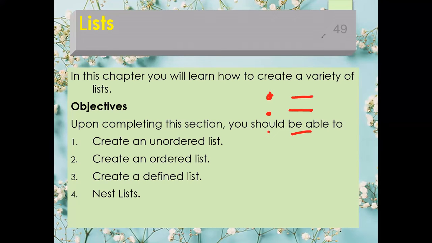And what is a definition list? Sometimes while writing a definition, we write the heading of the definition on top, and after that the definition of the thing, right? Whenever we follow this particular format, that is a definition list. And a nested list is a kind of combination of all the other lists we have learned.